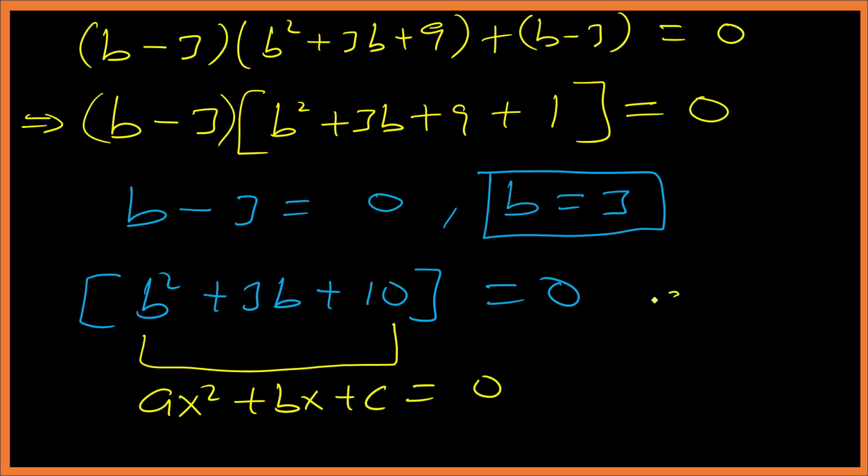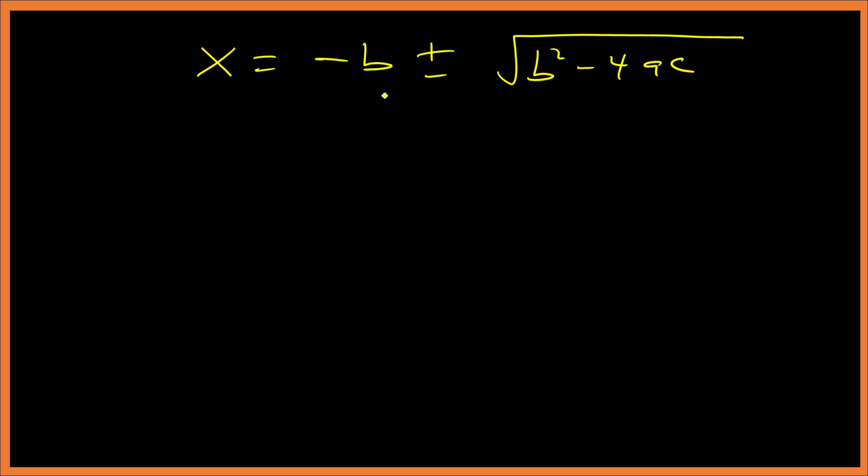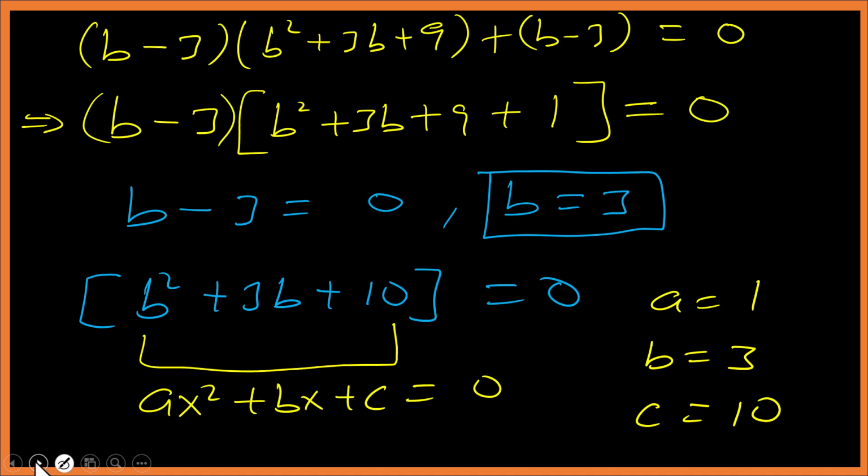So a is 1, b is 3, and c is 10. Now we are using minus b plus or minus square root of b squared minus 4ac, all over 2a.